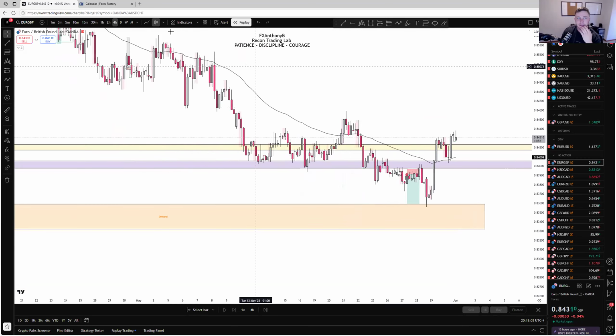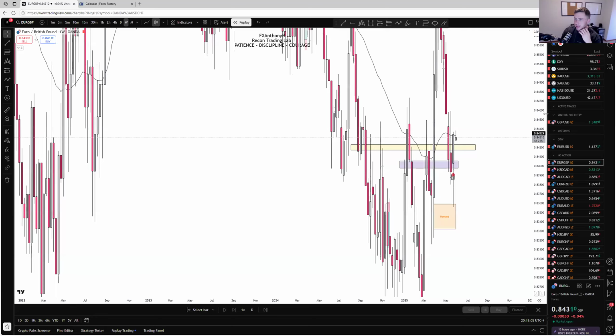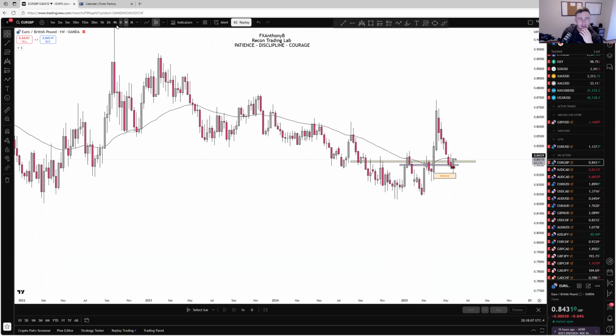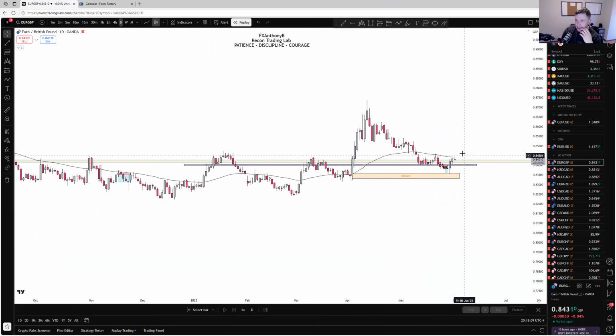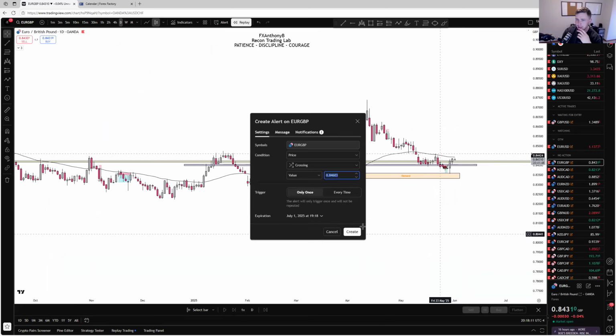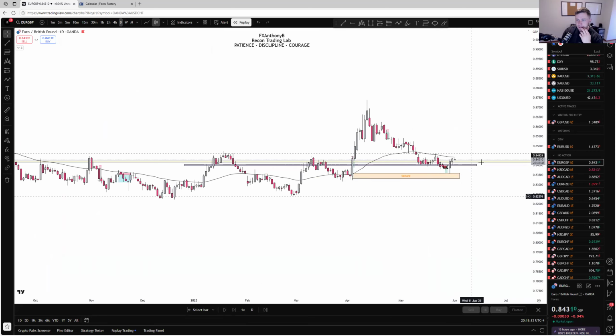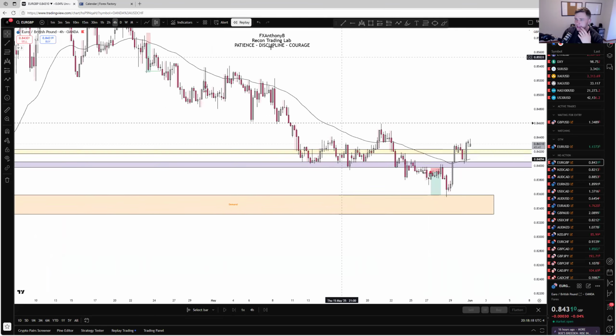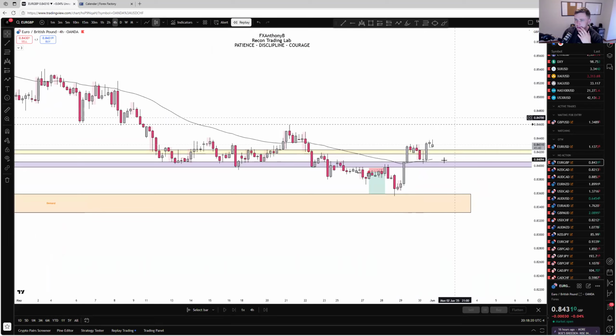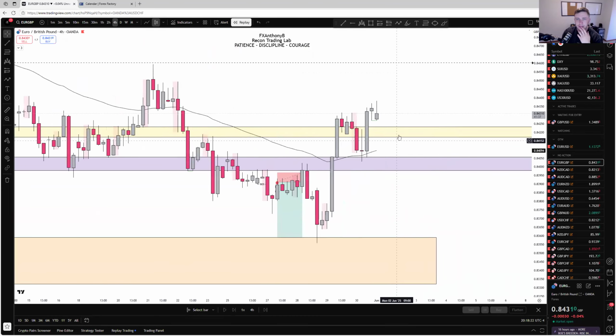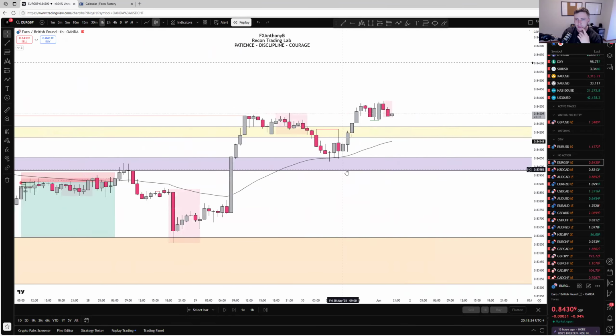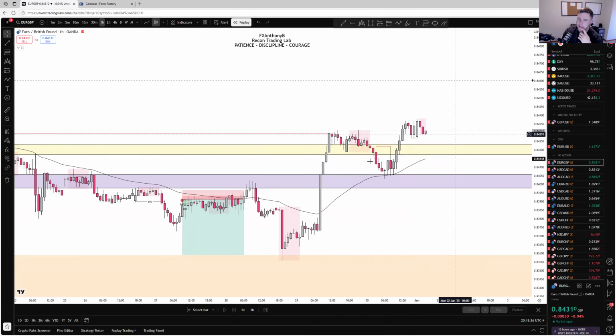4 hour is bullish. Weekly was bearish or bullish? Weekly's bullish. Daily's bearish. We just need price to actually come up here to be bullish, or rejecting. Where's our 4 hour EMA here? Okay. This looks good. Like that. Let's go to our 1 hour. 1 hour looks good too.